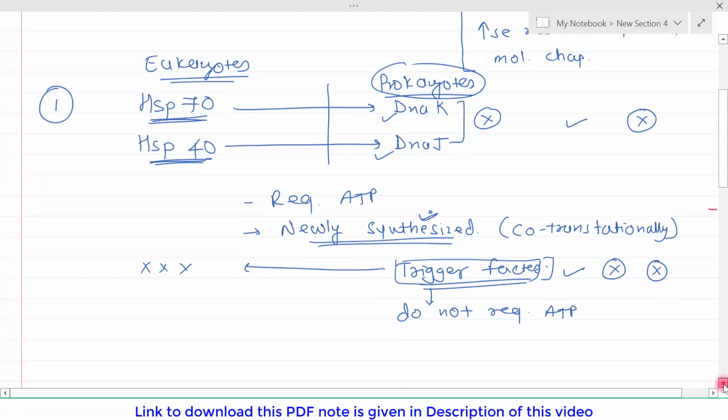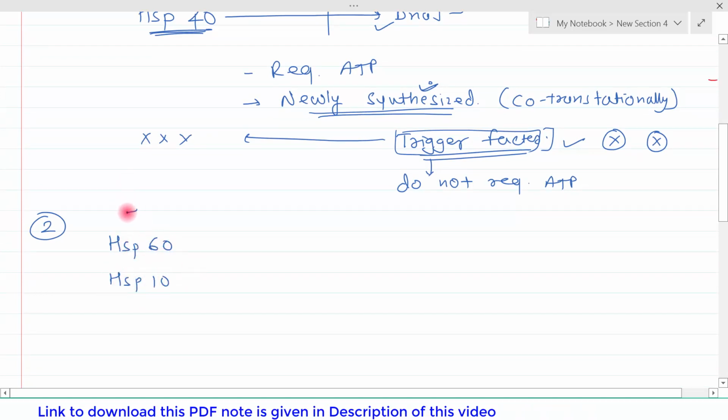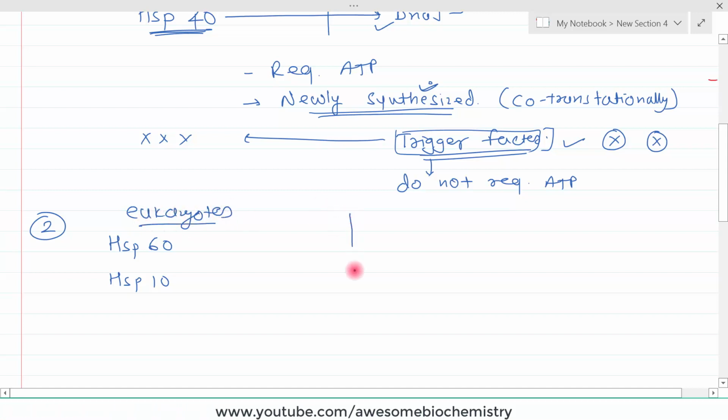Now, let us discuss the second type of molecular chaperones. Here in eukaryotes, it is HSP60 and HSP10. This is found in the eukaryotes. The counterpart is present in the prokaryotes.